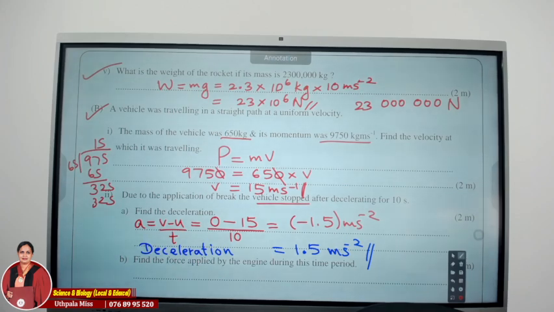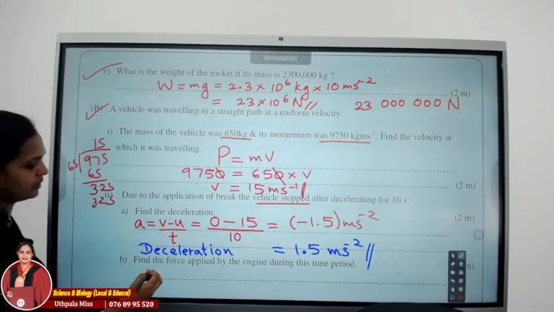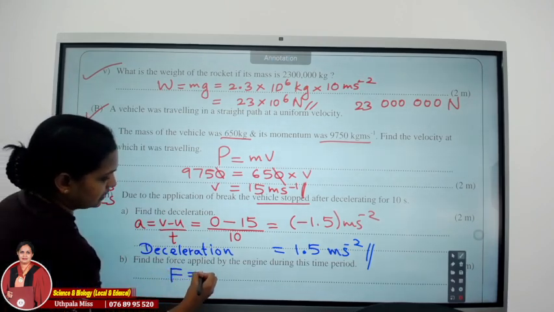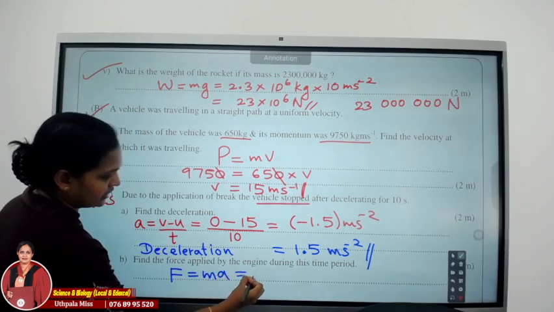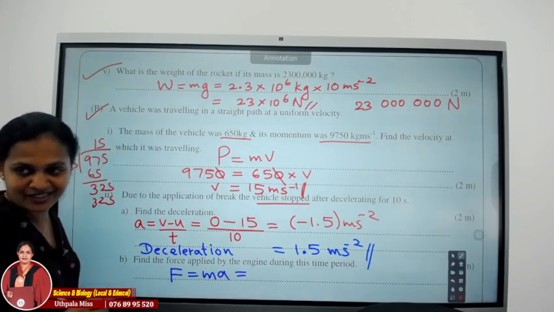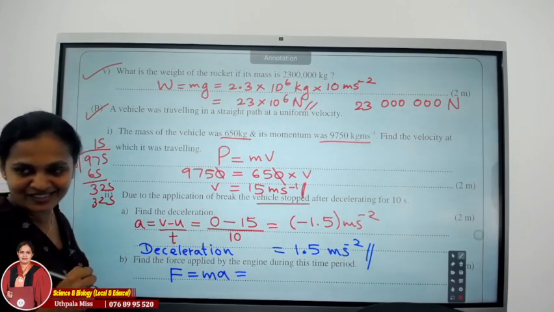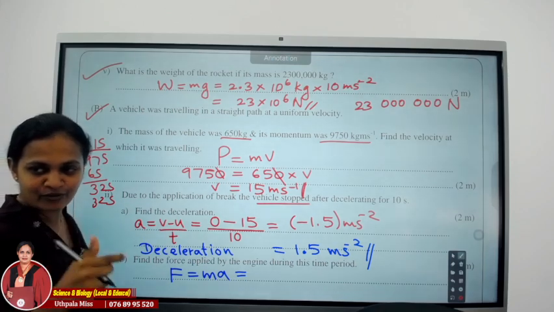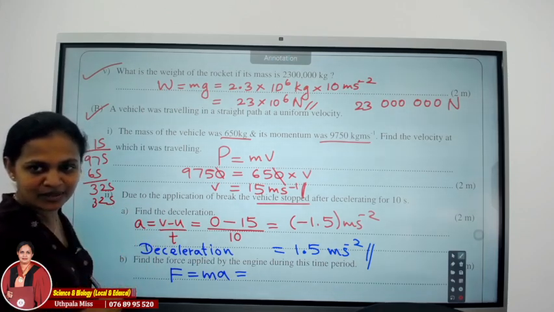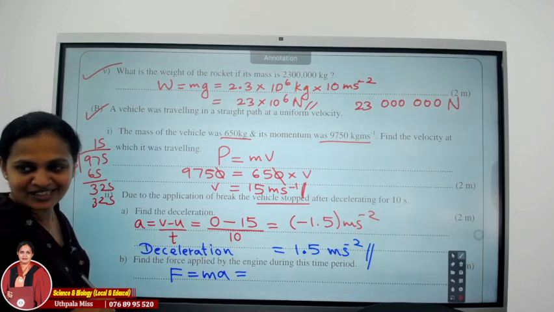Find the force applied by the engine during this time period. So what is the force applied by the engine? In today's theory class, can you remember we did 2 calculations using 3 equations? P equals mv, F equals ma, A equals v minus u divided by t.